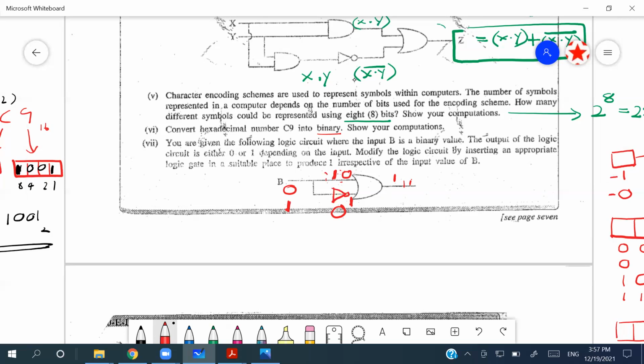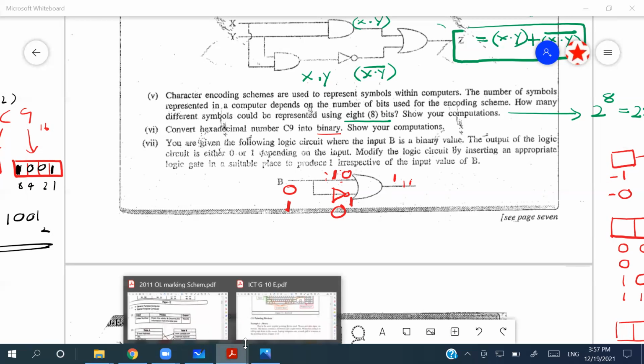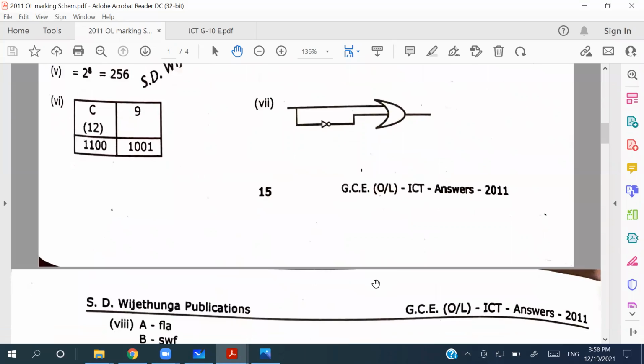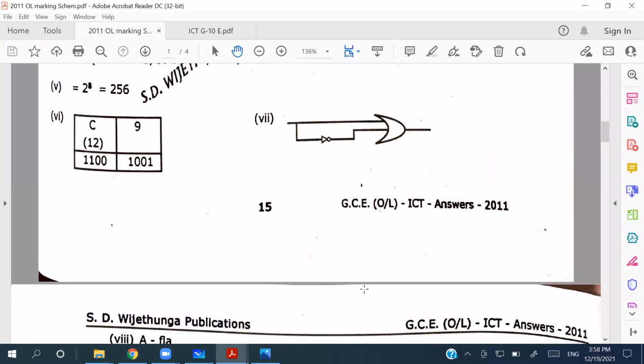Right. So if I go by the marking scheme, yeah, this is the way they have introduced. So you can place the NOT gate. Okay, so the 7th one is done.